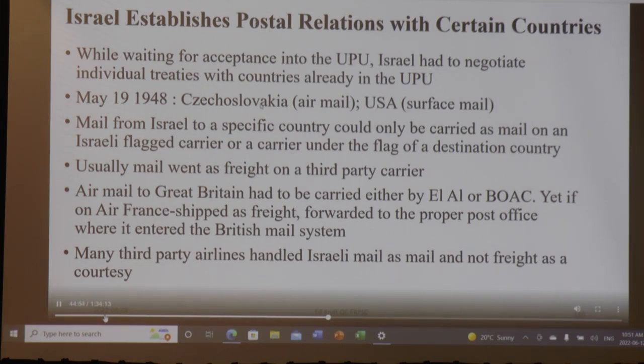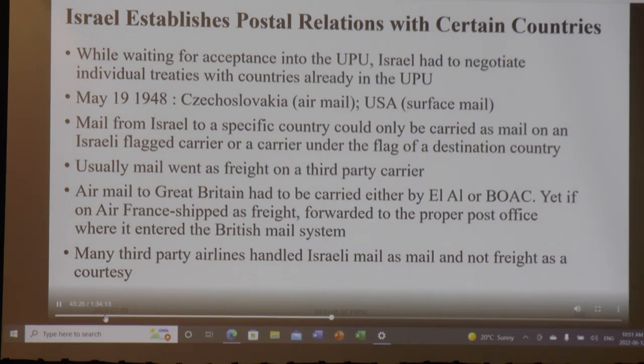It enters into an agreement for the transmission of airmail with Czechoslovakia, and into surface mail, land and sea, with the United States. But unless a country had a relationship with the State of Israel, mail had to go as freight on a third-party carrier, and it couldn't go under the flag of the other country that didn't recognize Israel.